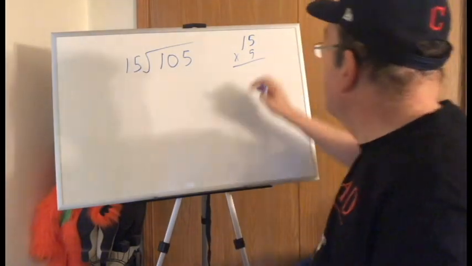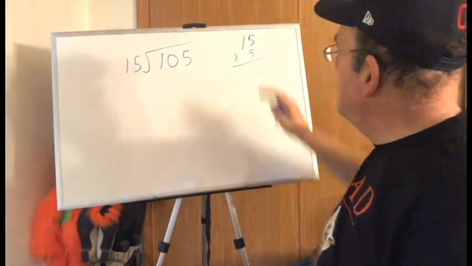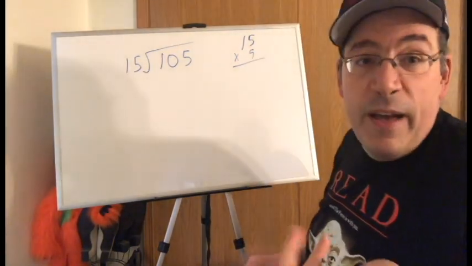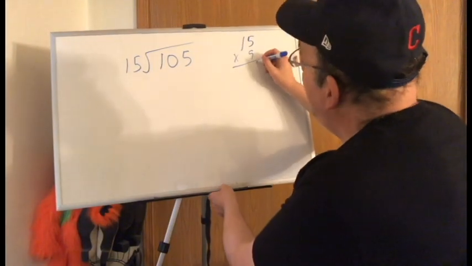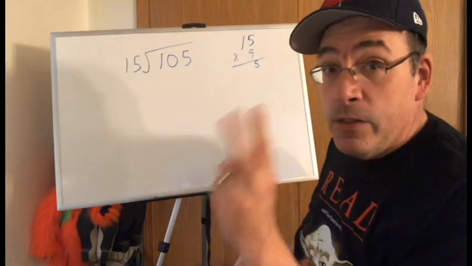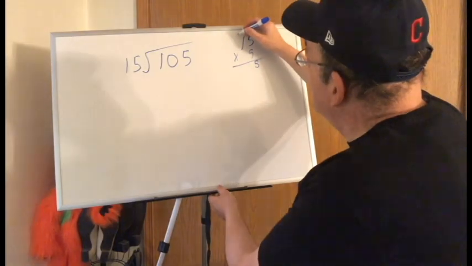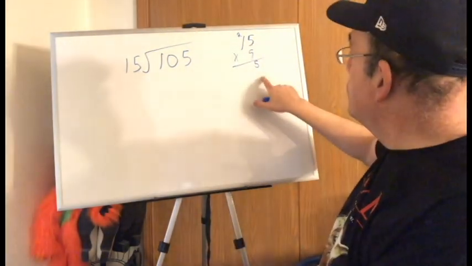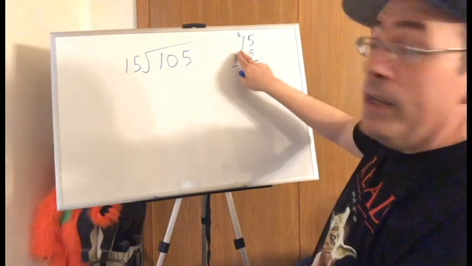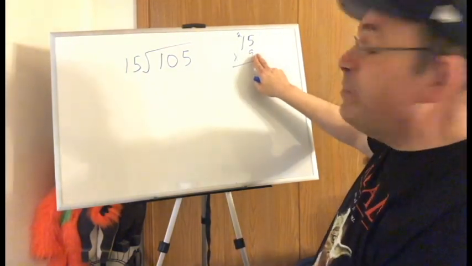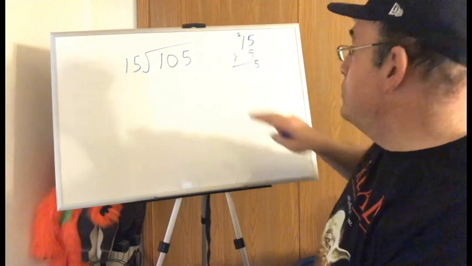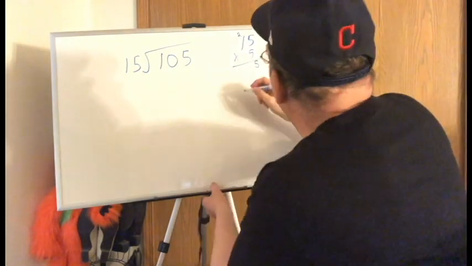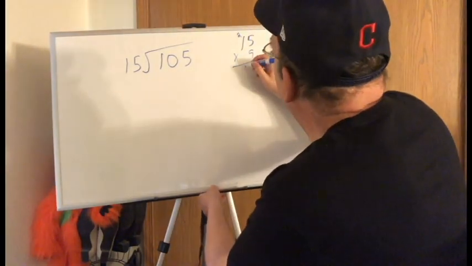We'll see what happens. 5 ones times 5, 25 ones. So I'm going to put the 5 in the ones place, and I'm going to regroup that 2 into the tens place, because 25 is 2 10s plus 5 ones. 1 ten times 5 is 50, plus those 2 other 10s is 70, so we've got 75.